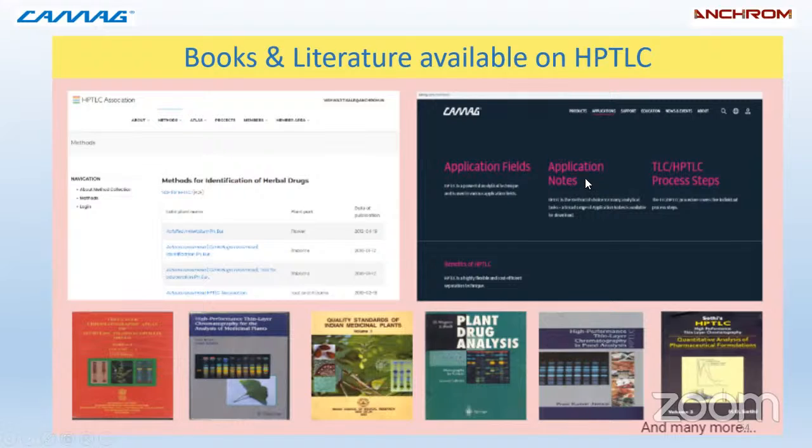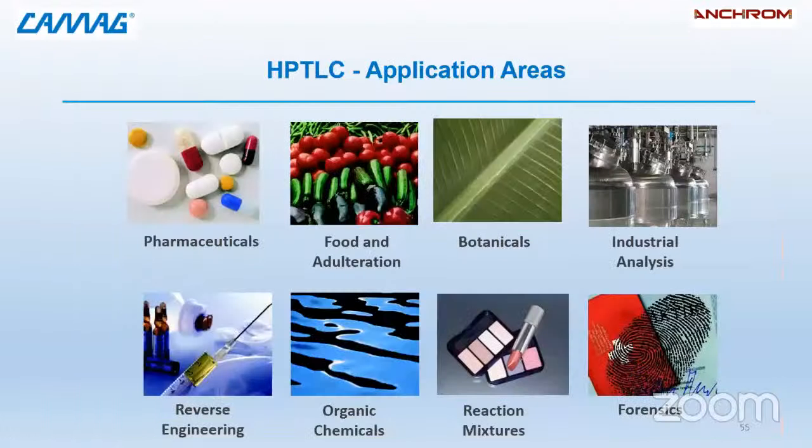They have developed several application notes, not just for herbal samples, but pharma samples, forensic samples, food samples. You can register free of cost on these sites, and you will get access to all these methods. And these are different books which you can use for your analysis for various samples.